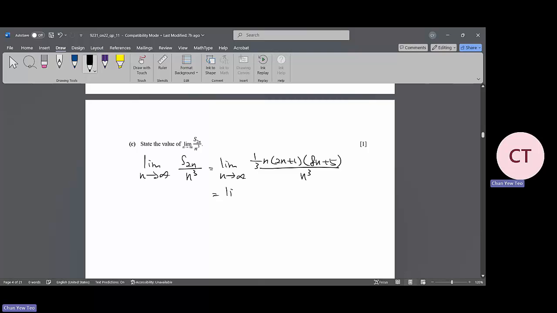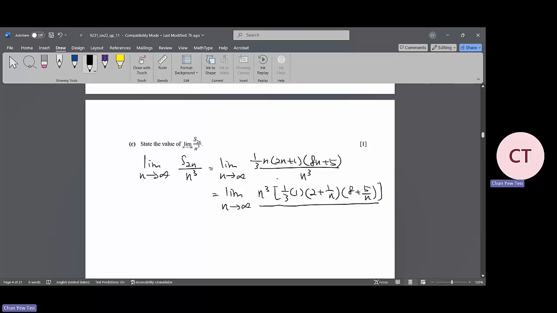So what we can do is factorize the n cube out from the denominator. You will get 1 here, you will get 2 plus 1 over n, and you get 8 plus 5 over n.